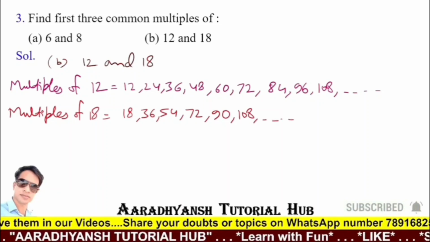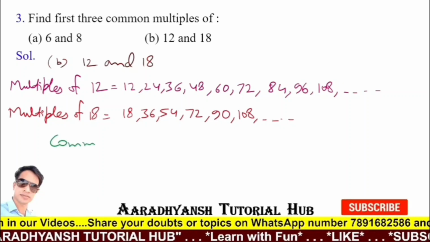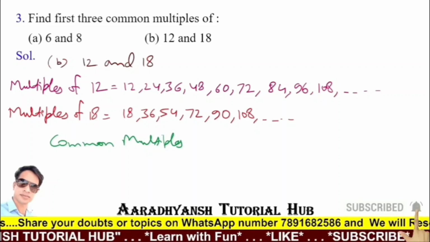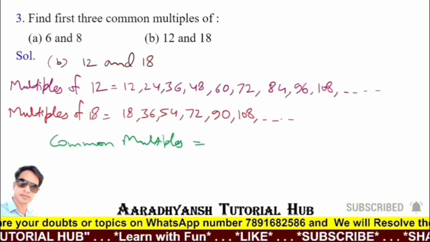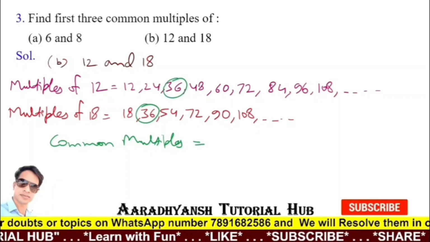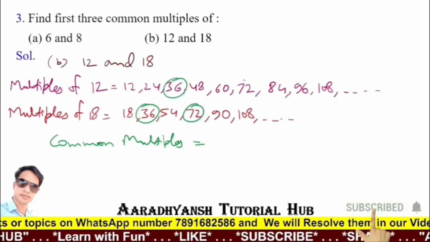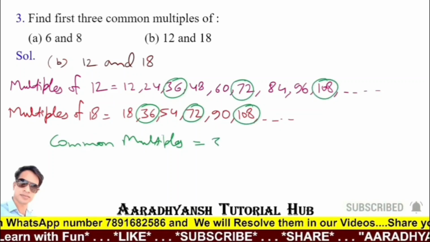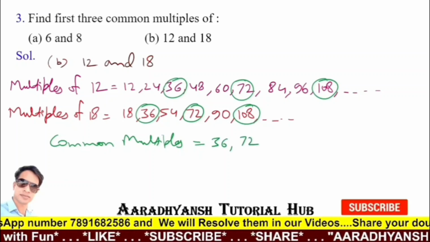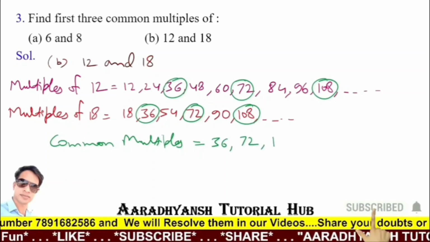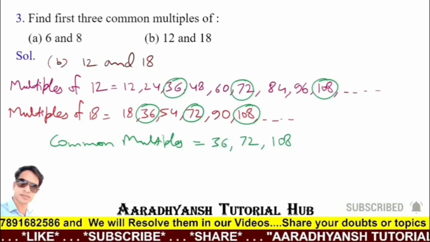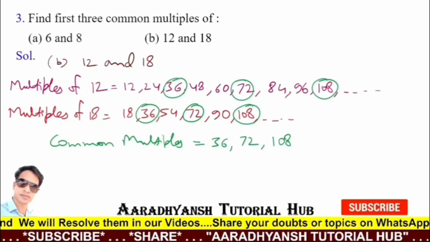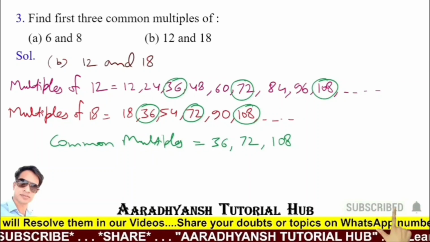Okay, so common multiples are: first is 36 and next is 72 and the third is 108. So 36, 72 and 108. These are the first 3 common multiples of 12 and 18.